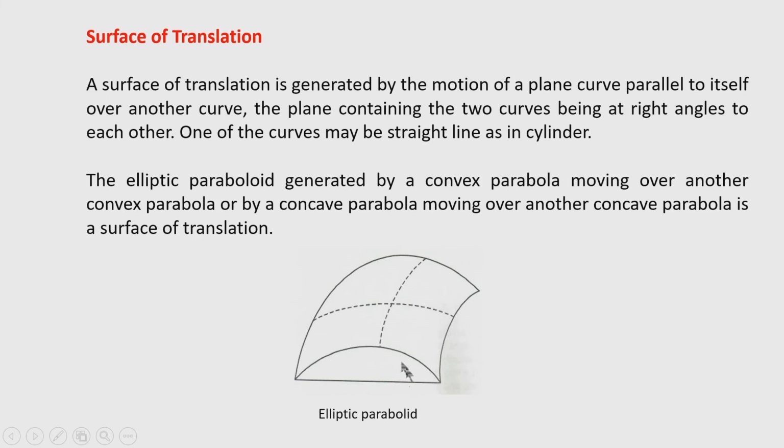So, this is a convex parabola moving over another convex parabola, forming the elliptic paraboloid. So, this is falling under the surface of translation.